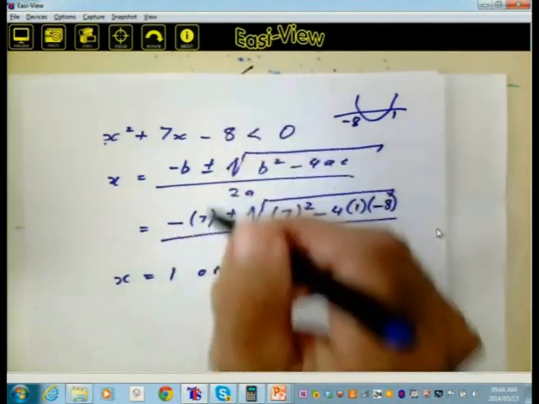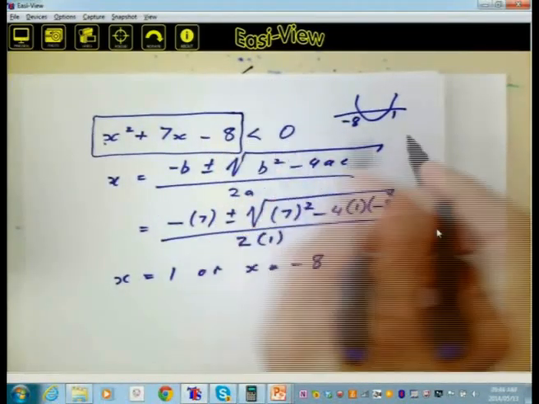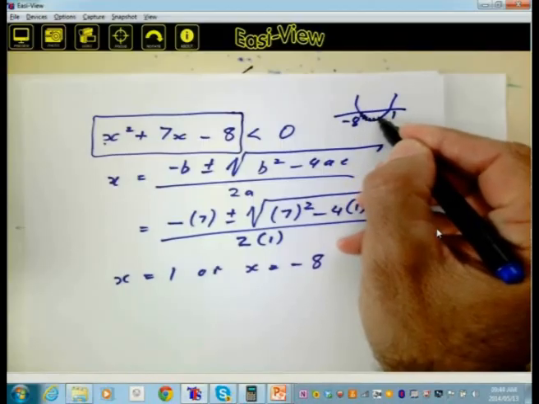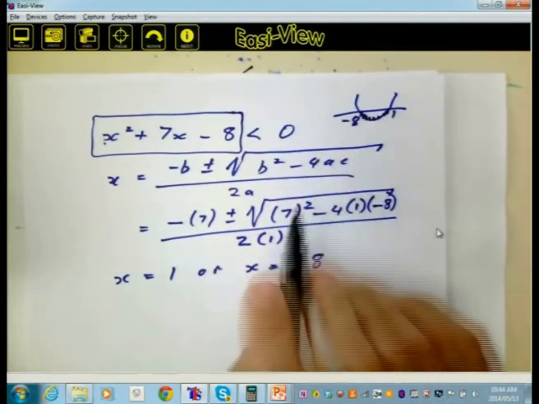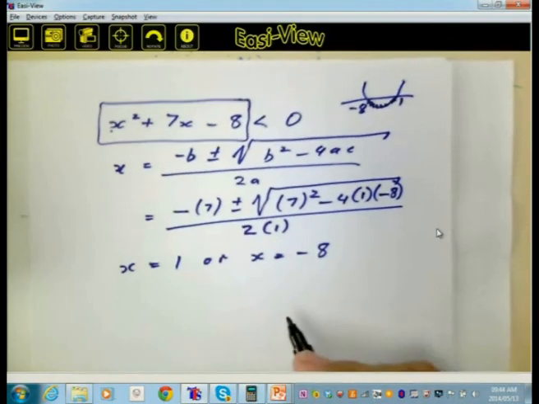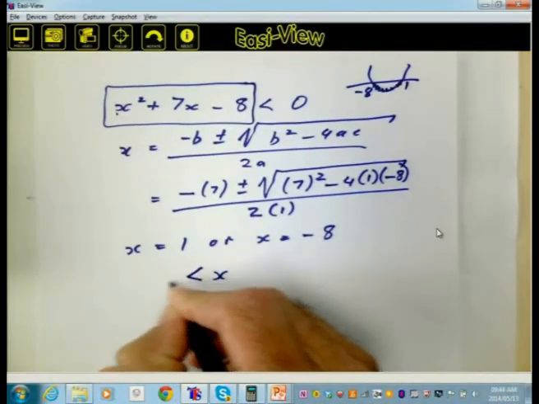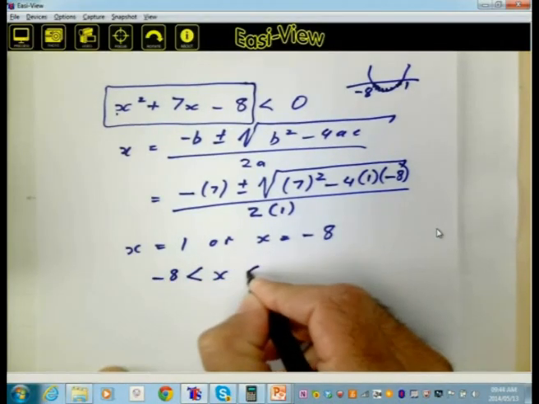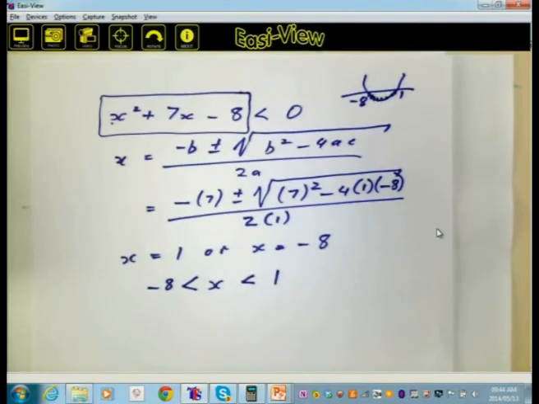Where will this whole box, the yellow box, be less than 0? It is this whole area here. It's less than 0 between minus 8 and 1, where the x values are there. So our answer will be that x must be greater than minus 8, less than 1. And you will get full marks for that one there.